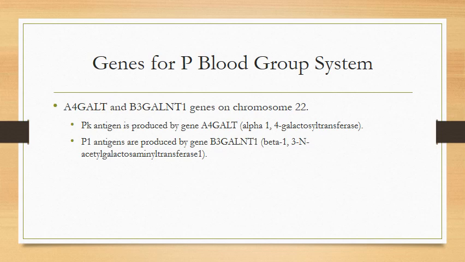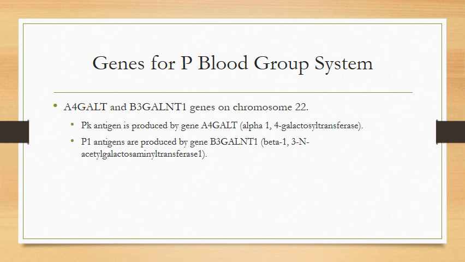So for the genes coding for the P antigens, they are on chromosome 22. There are two genes. A4GALT stands for alpha 1,4 galactosyltransferase, and B3GALNT1 stands for beta 1,3 N-acetylgalactosaminyltransferase 1.